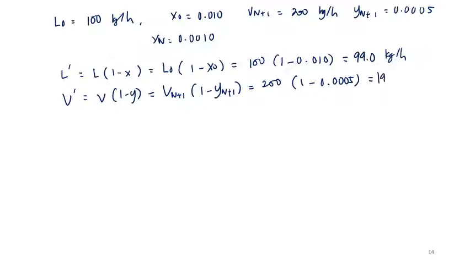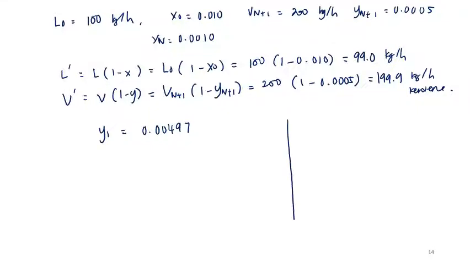You have 199.9 kg per hour of kerosene. So you can make an overall balance on A and solve for Y1, and you get Y1 equal to 0.00497. Then you can plot the operating line as a straight line because this is a very dilute solution.